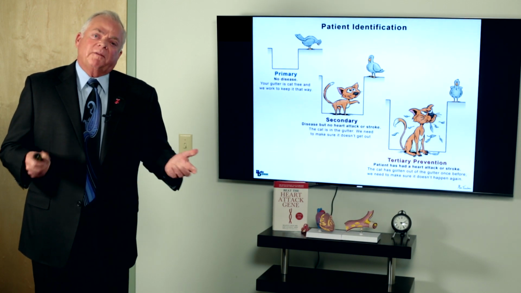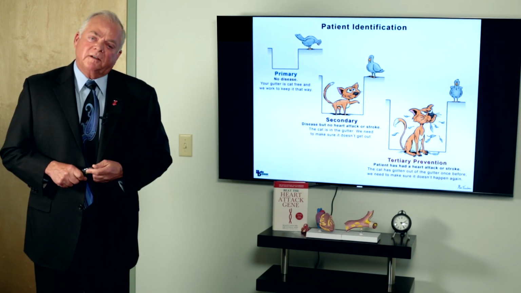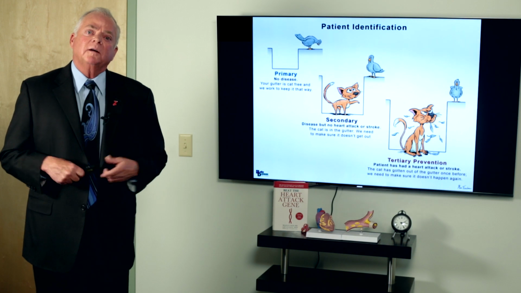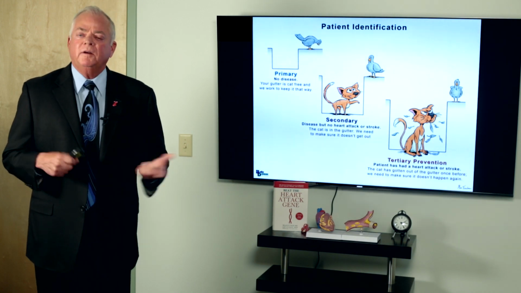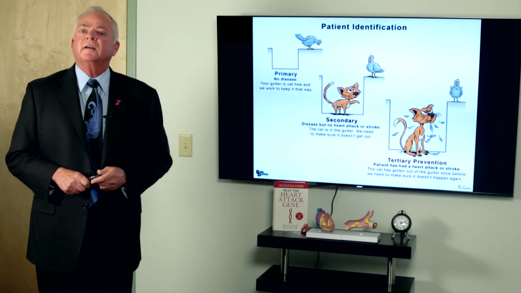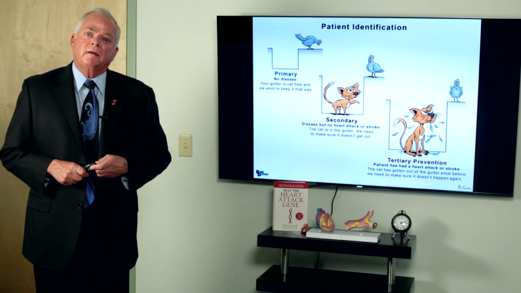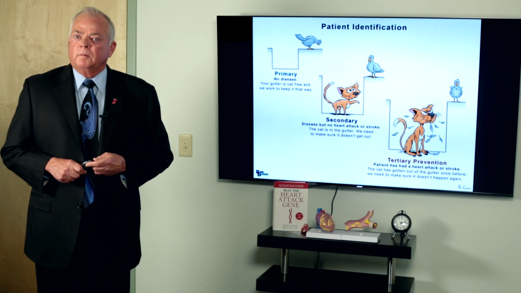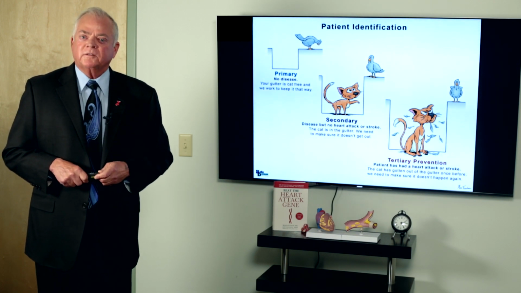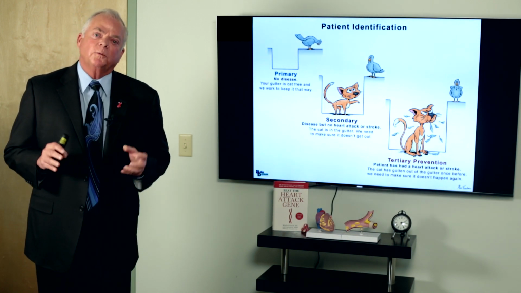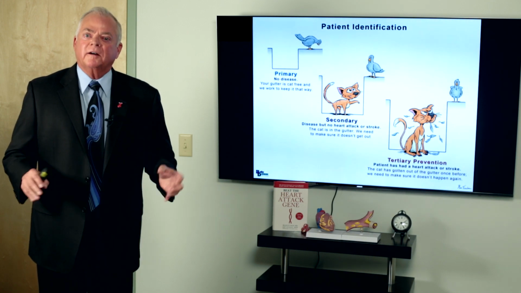Because we evaluate every patient for disease, which is sine qua non for an event, you have to have disease, you have to have a cat in the gutter to have an event, we've redefined prevention. Primary prevention for us is we've done due diligence. We can't find a cat in the gutter.